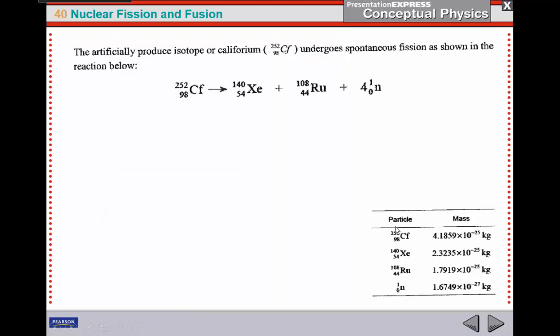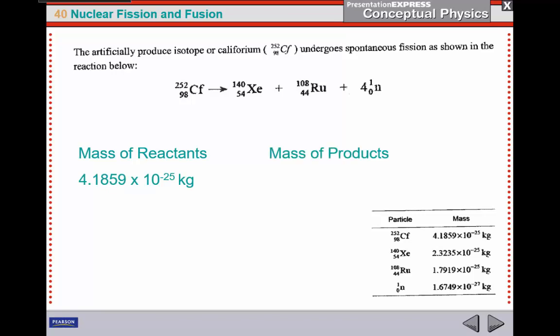An example of a fission reaction: we've got californium decaying to xenon and whatever Ru is, and you're getting 4 neutrons in this particular one. The mass of your reactants is going to be 4.1859 by 10 to the minus 25.